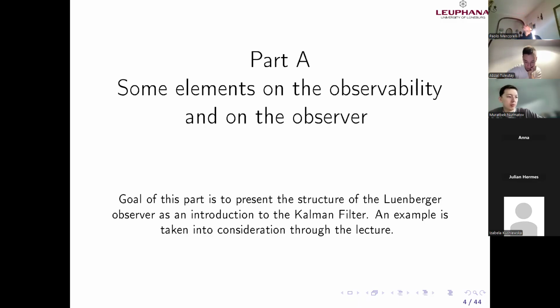To speak about observability, better to say, to realize an observer for a system, we have to verify that the system is observable. Before starting this, it could be better to say two words about the system. What is the system?